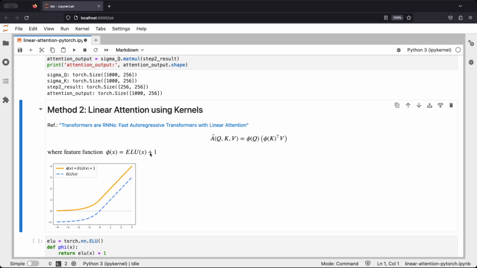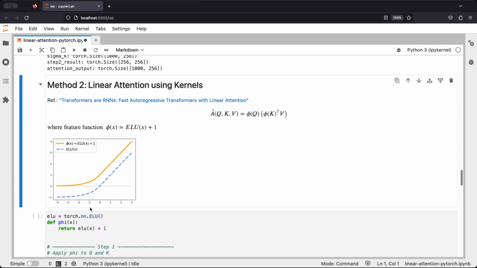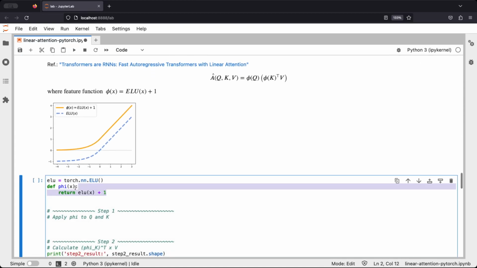So by this +1, it shifts the curve toward positive regions. So let's build our feature function phi. So at first we build ELU using torch.nn.elu, and then we build our phi feature function as ELU of x +1.